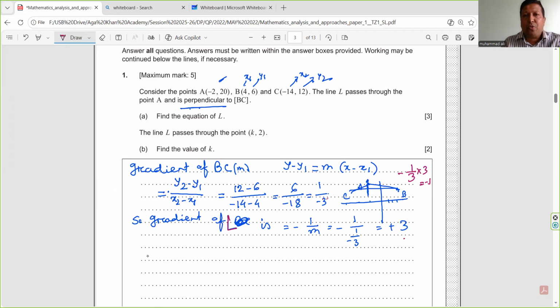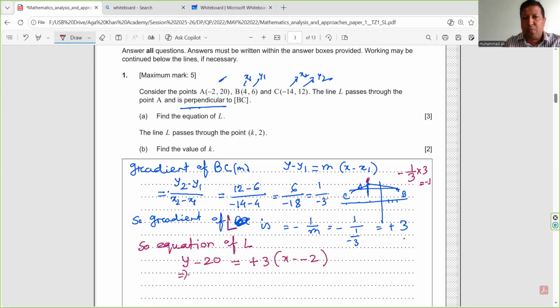So we want to find the equation of L. The L line passes through A. So the equation of L is y minus y1. For the A coordinate, the y value is 20. M is here plus 3. X minus minus 2.